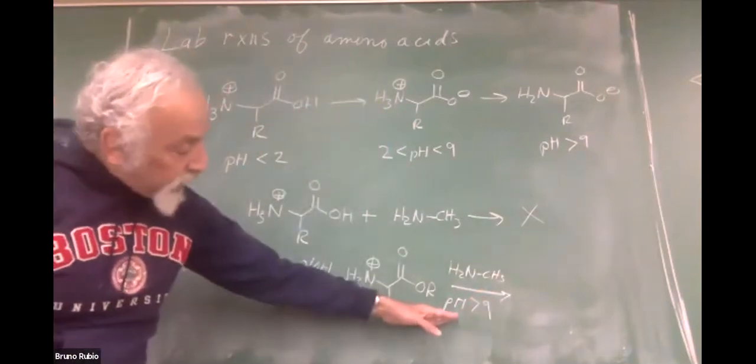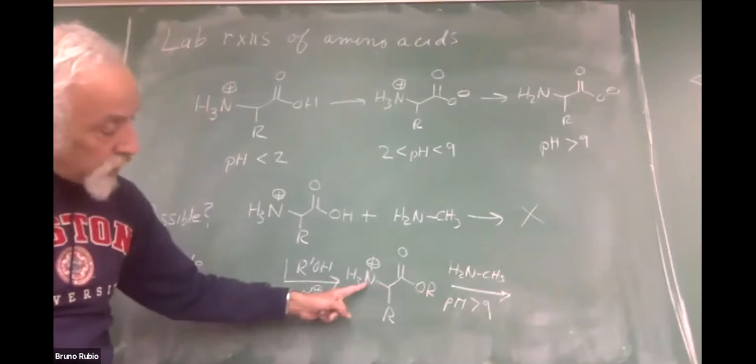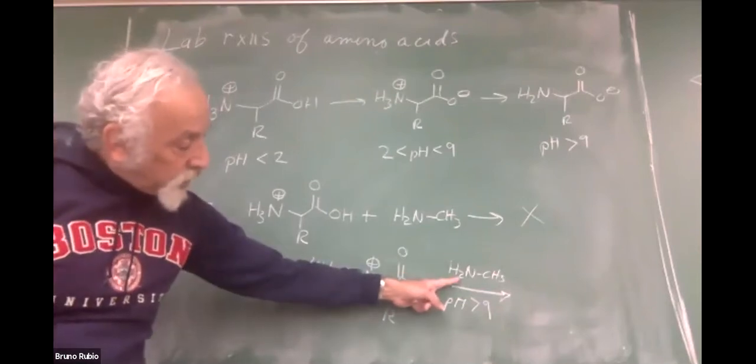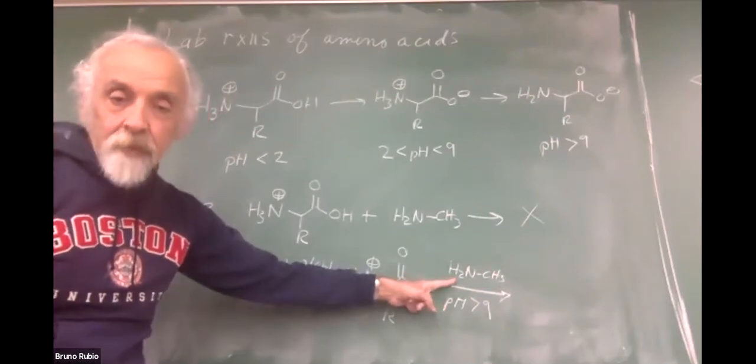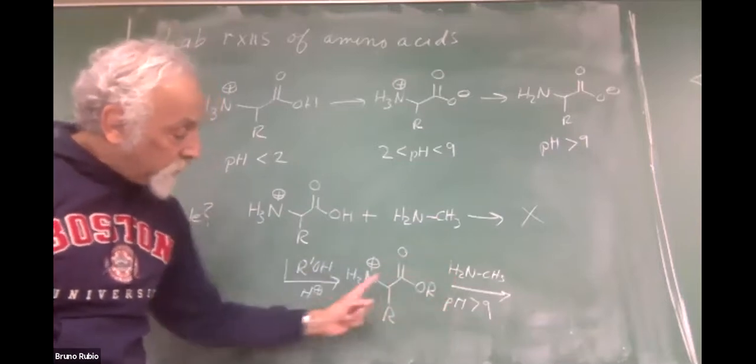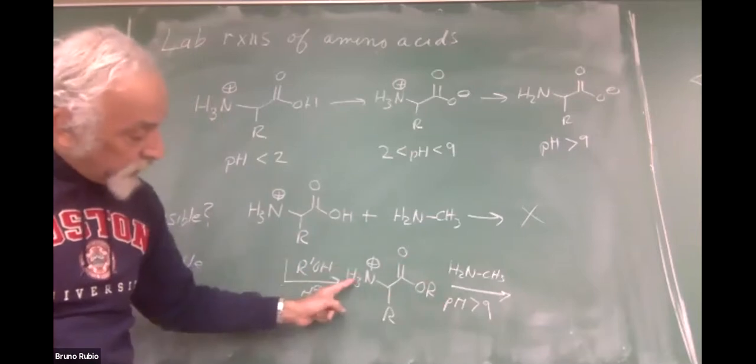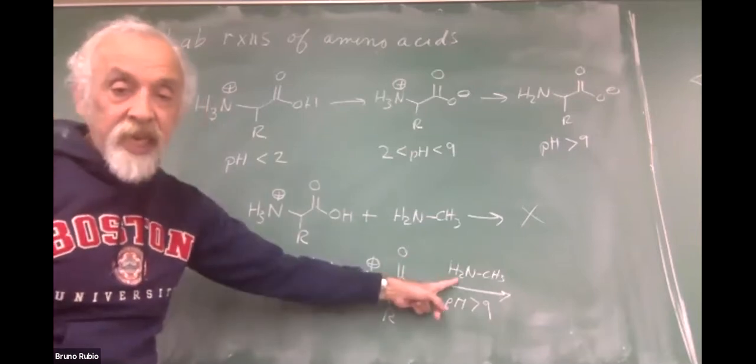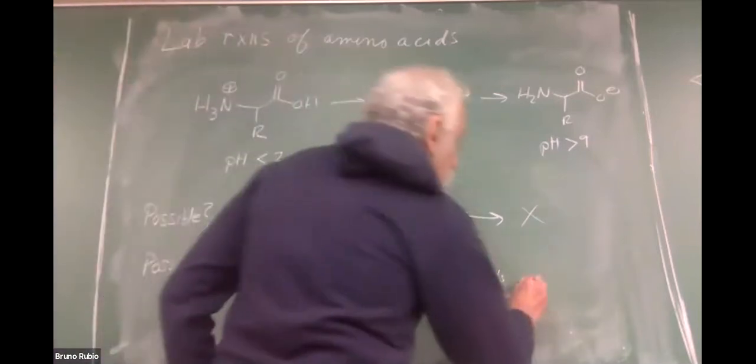And at this pH, this proton is going to be gone, and there isn't going to be any positive charge here either. So above pH 9, this becomes NH2, and this stays NH2. And so now this is going to work.